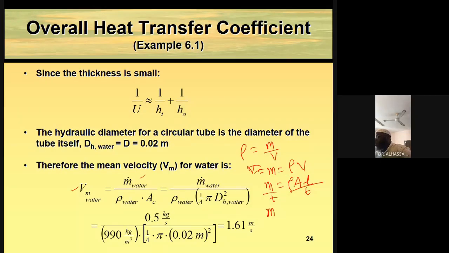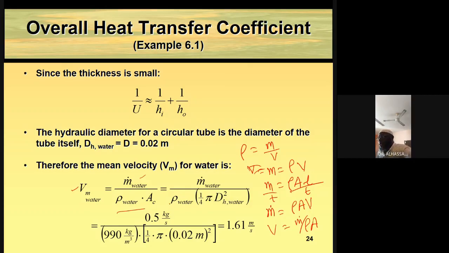So now mass flow rate equals rho A times L divided by time. The rate of change of distance per unit time is velocity, so that gives us V. So the velocity of our fluid equals mass flow rate divided by rho times area.